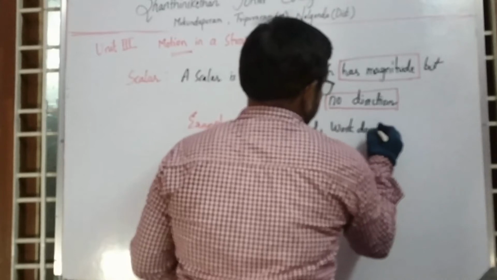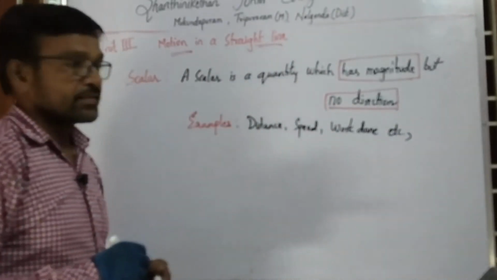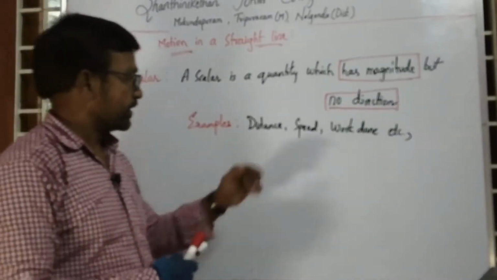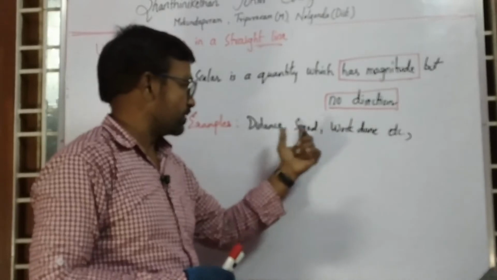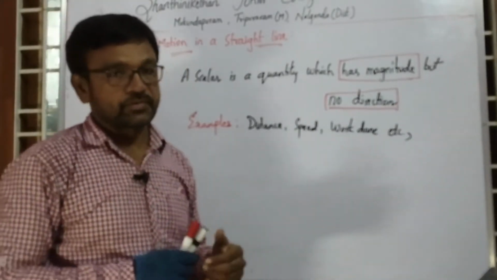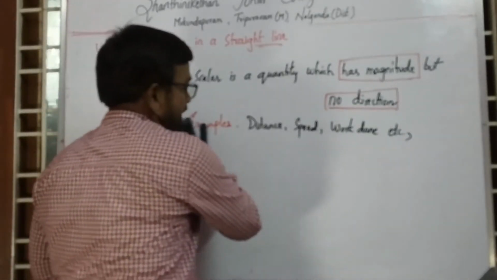There are so many scalar quantities. These are the scalar quantities I am giving as examples. We will go deeper into work done, distance, speed and so on. Many quantities are there, and we will go into those topics afterwards.